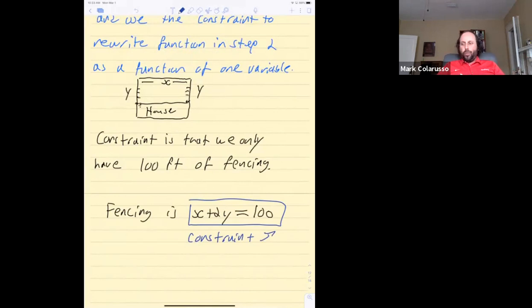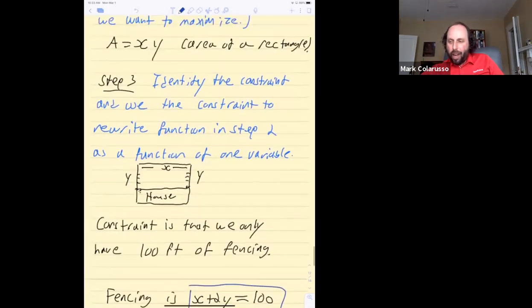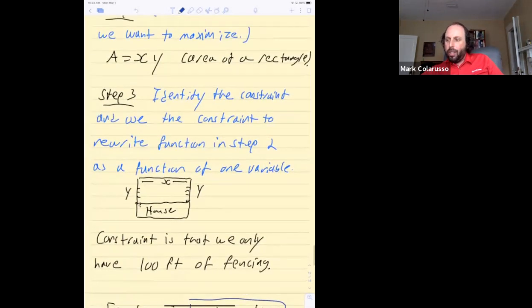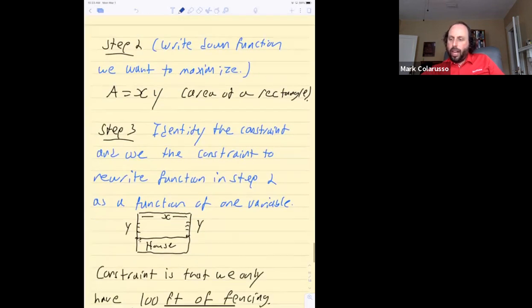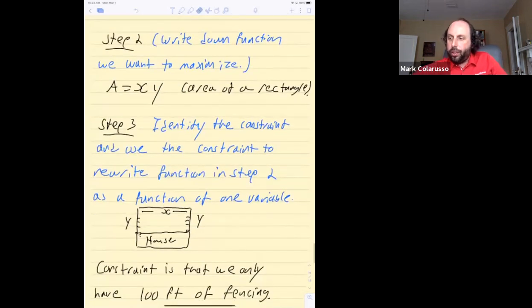But here, you really want to solve for y in terms of x, because in the end, it doesn't really matter, but you'll be able to skip a step. Because what the problem's asking for is what this length x actually is that causes the maximum. It doesn't care about the length y. So in the end, it wants the x value.